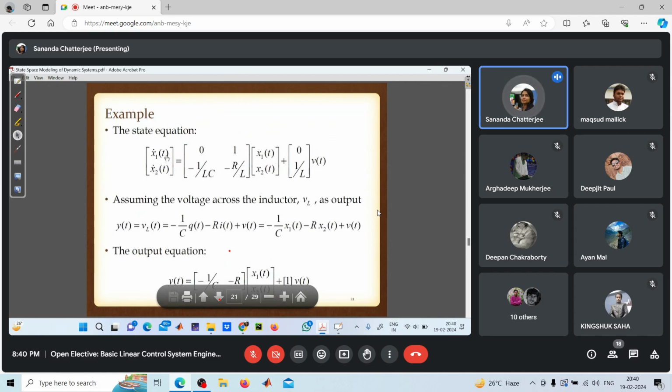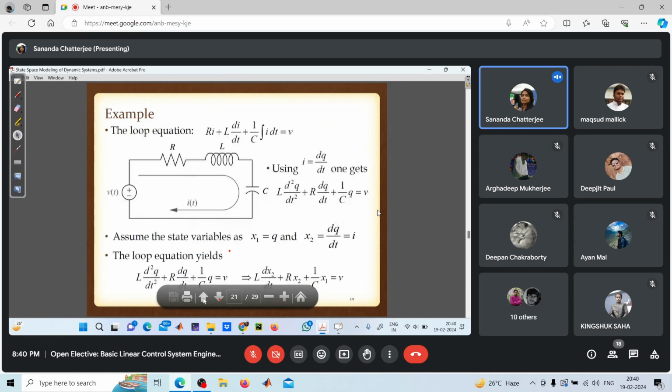So x1 dot, this is in two different pages, so that will be a problem. Otherwise this is very easy, you can see from this that x1 dot is actually x2.